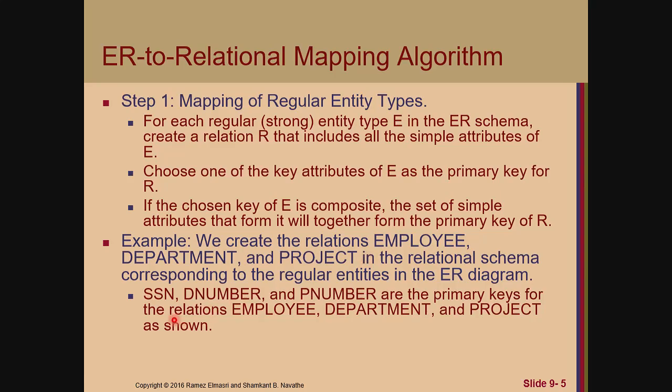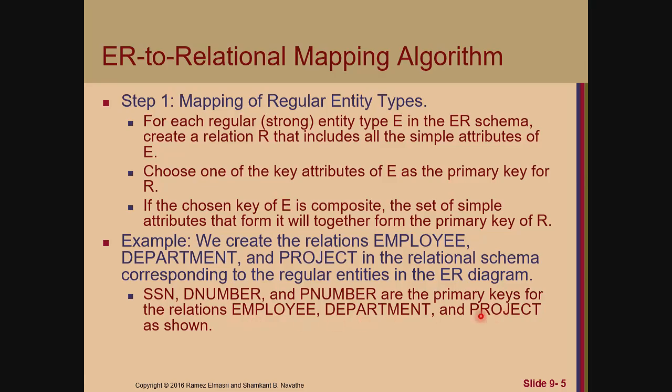Here they show us the SSN from employee is the primary key, right? And for department, D number is the primary key, and P number is the primary key of the project. All of them are primary keys for relations employee, department and project.